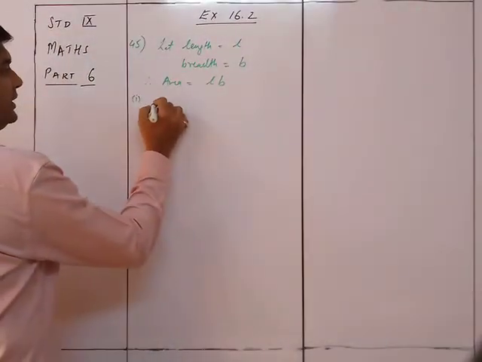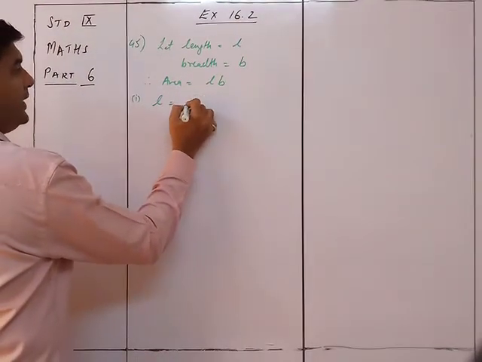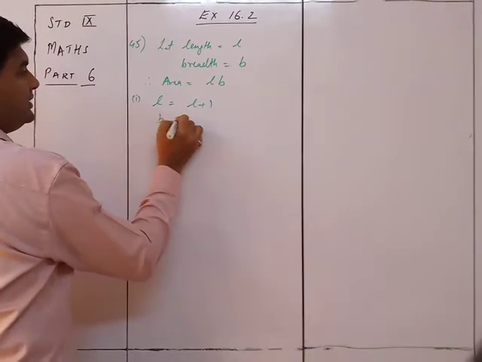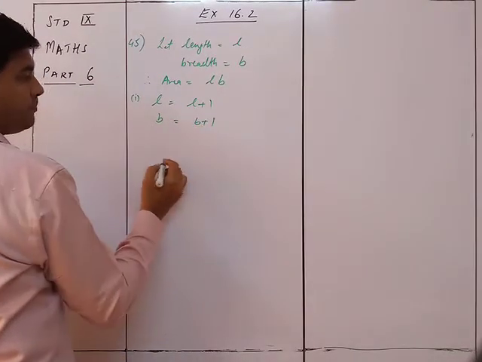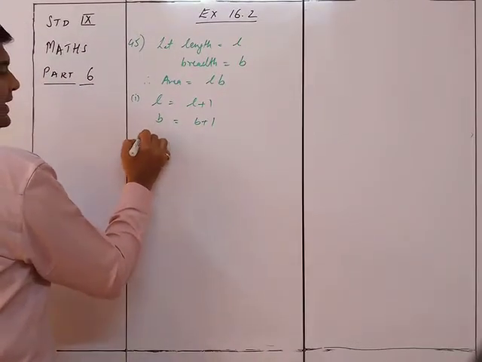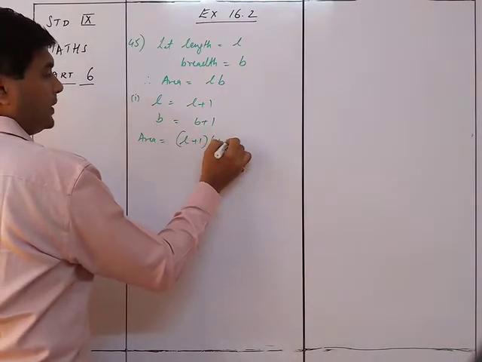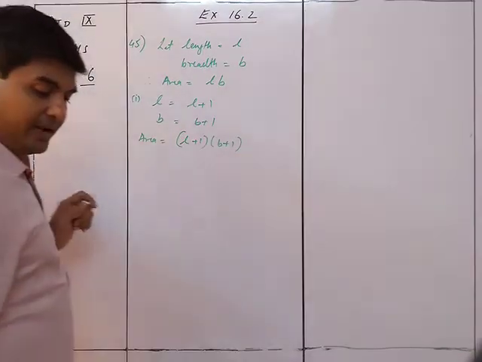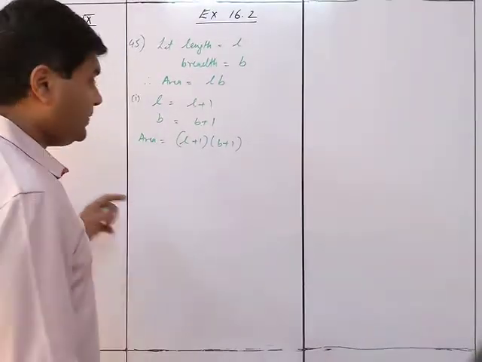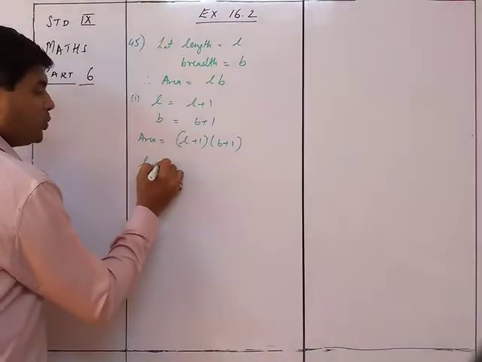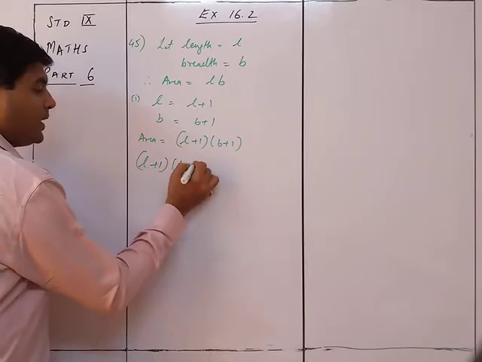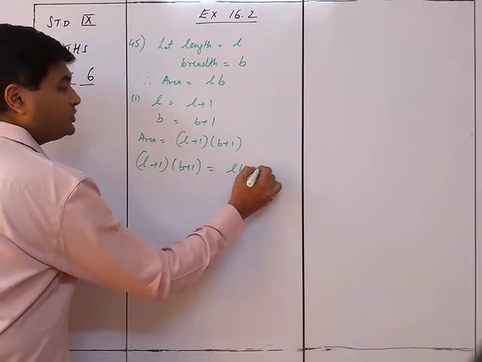So length is L plus 1, breadth is B plus 1, area will be equal to L plus 1 into B plus 1. But they are given that due to that the area increased by 21. That means L plus 1 into B plus 1 is equal to LB plus 21.